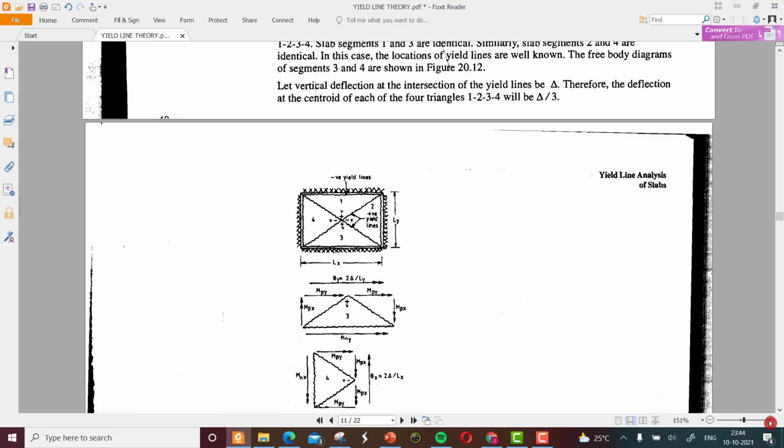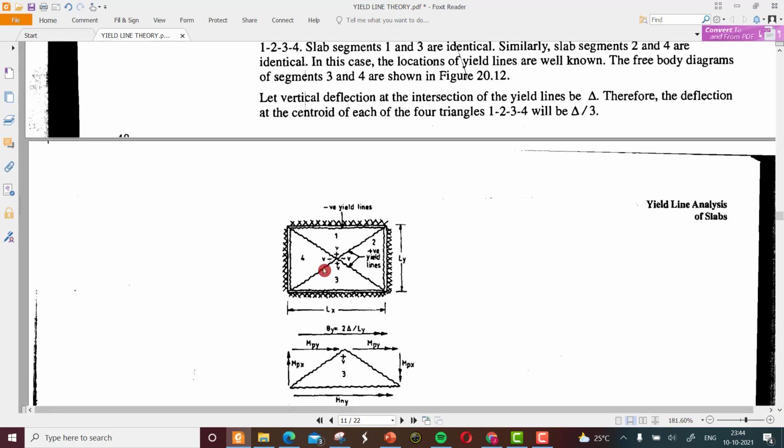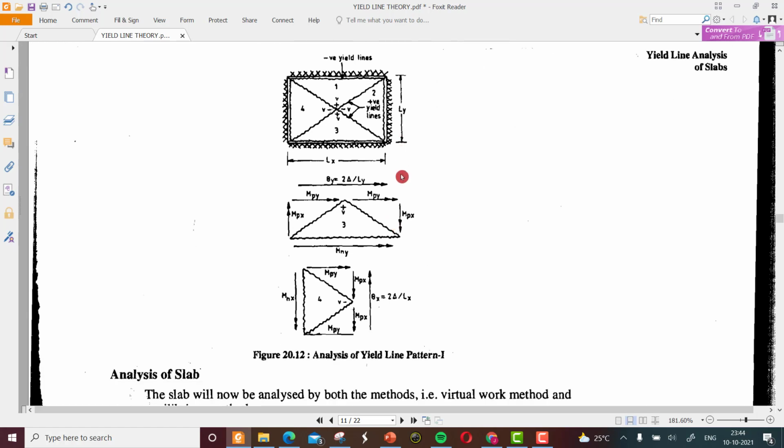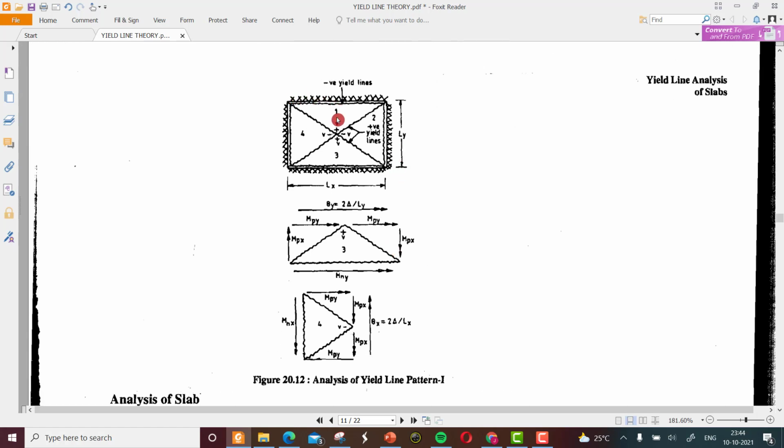I'll just maximize this for a clear understanding. Yeah. So please note that the given slab condition is fixed throughout the support, so there is a formation of the negative yield line through the entire support here, and there are the positive yield lines which are diagonal.